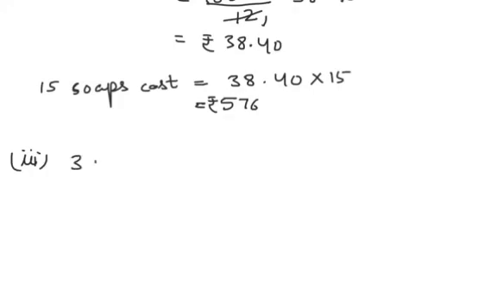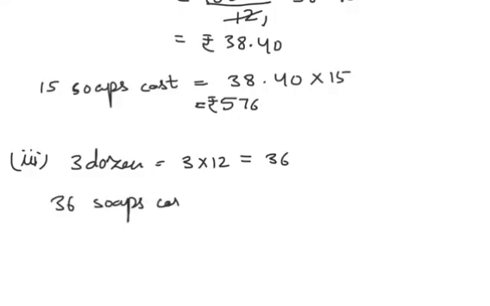So 3 dozen means what? 3 dozen is equal to 3 into 12, because in 1 dozen 12 is there. So 3 into 12, 36. So 36 soaps cost is equal to 36 into the cost of one soap, which is 38.40.